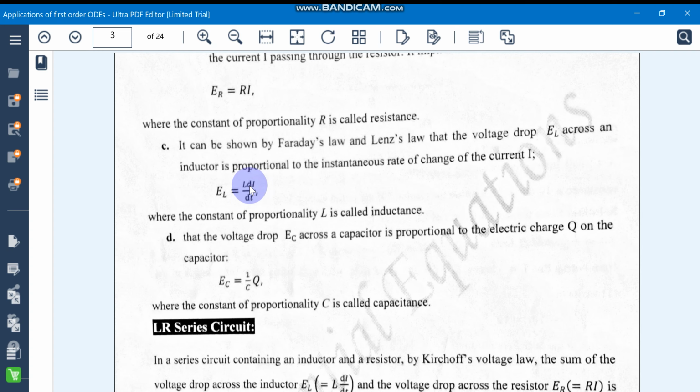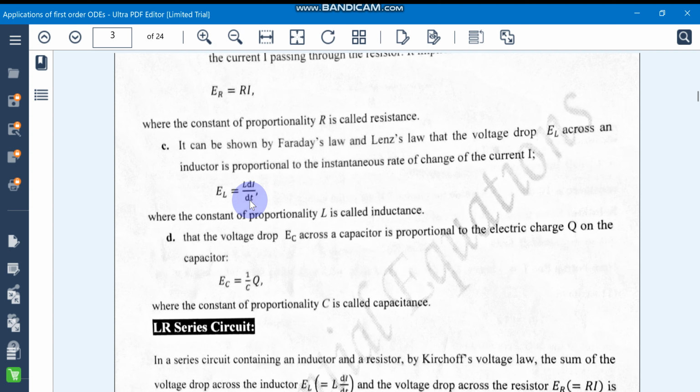Now, if we are discussing an LR series circuit, it means that the circuit contains an inductor and a resistor. So the voltage drop across the resistor is Ri, and the voltage drop across the inductor is L di by dt. So the total voltage drop in this circuit will be the sum of these two, Ri plus L di by dt.